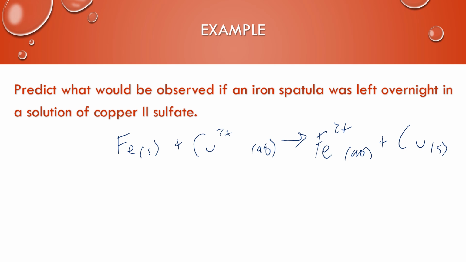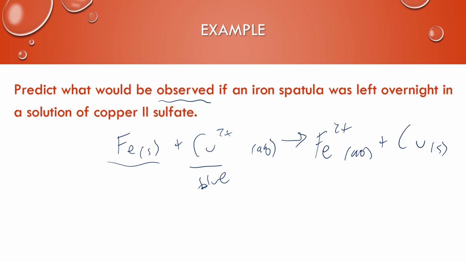But this doesn't say what we would actually observe. You would see that the copper 2 sulfate solution is a blue solution, and the iron metal is iron colored, a dark grayish solid. Then as this reaction proceeds, the blue solution will be going away.